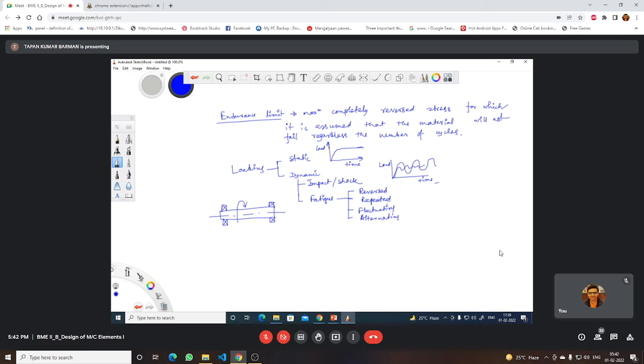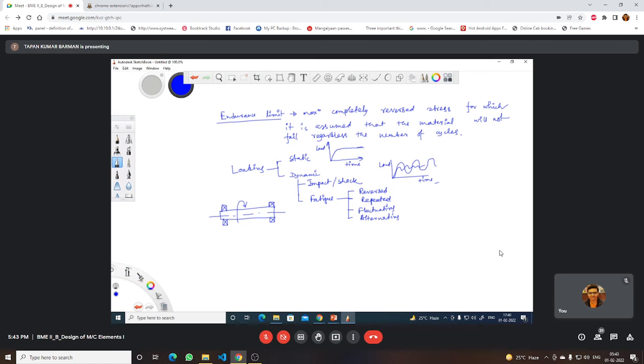And for dynamic loading or fatigue loading, the procedure of failure is that there should be one defect or discontinuity in the material, and from the discontinuity or crack, one small crack will initiate, and that crack will propagate, and when it reaches its critical area, suddenly the component will fail. That failure will be total failure, a sudden failure, with no indication of it.